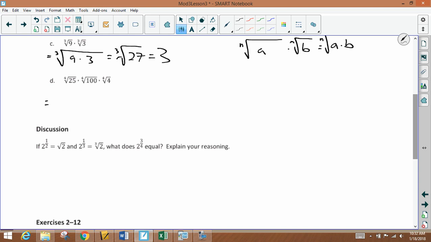Okay, for this one, we're going to do the same thing. We could write these as the 4th root of 25 times 100 times 4, which is the same thing as 100 times 100, right? Since 4 times 25 is 100. 100 times 100 is 10,000. And the 4th root of 10,000 is just 10.